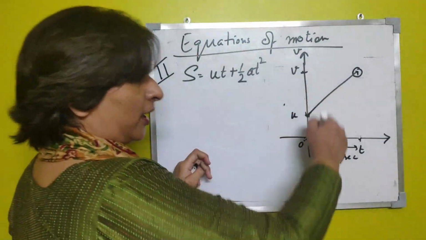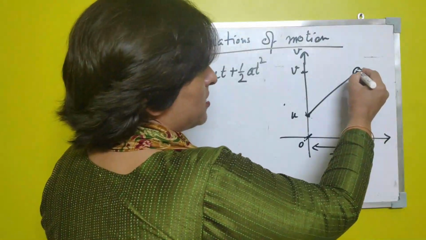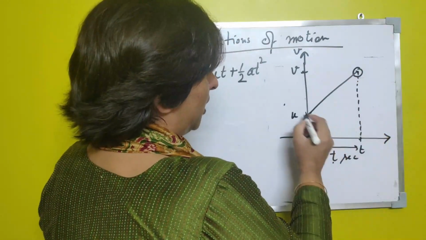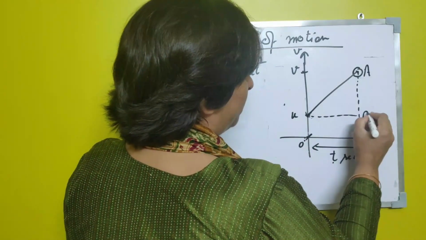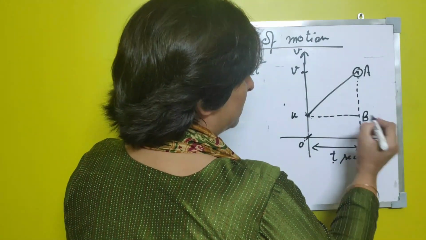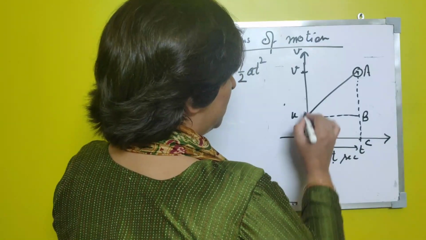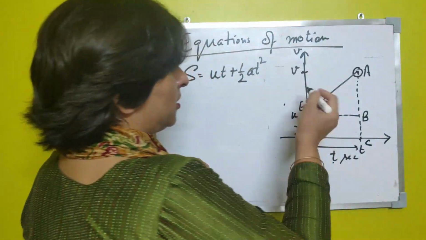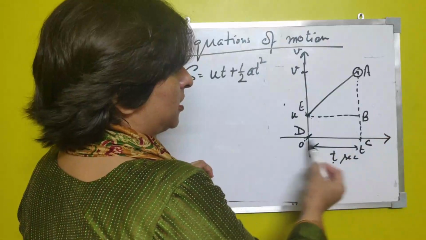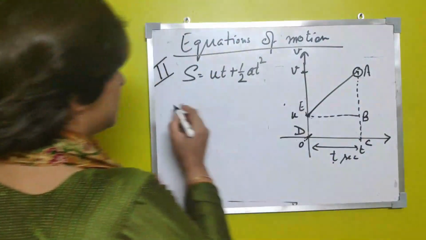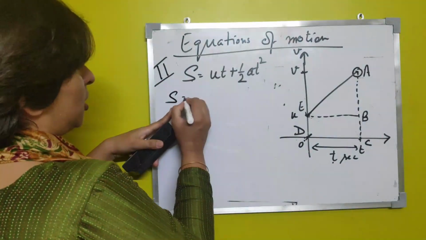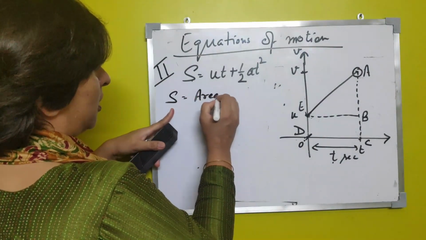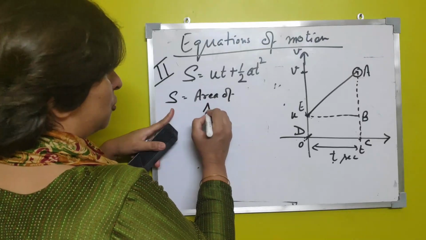So we can find the area under this line, which is the area of A, B, C, D and E. We can say these points are A, B, C, D, E.